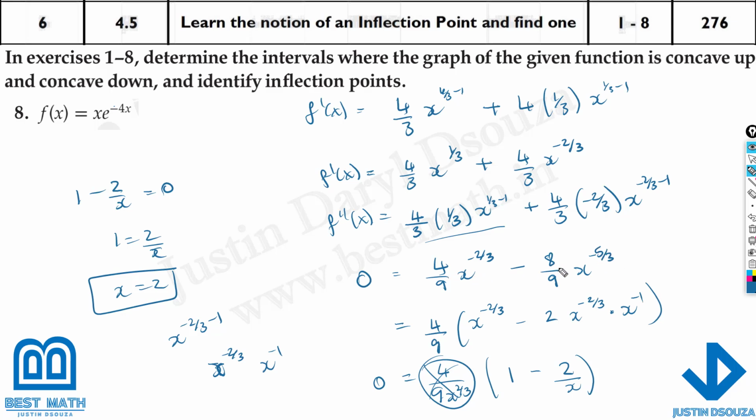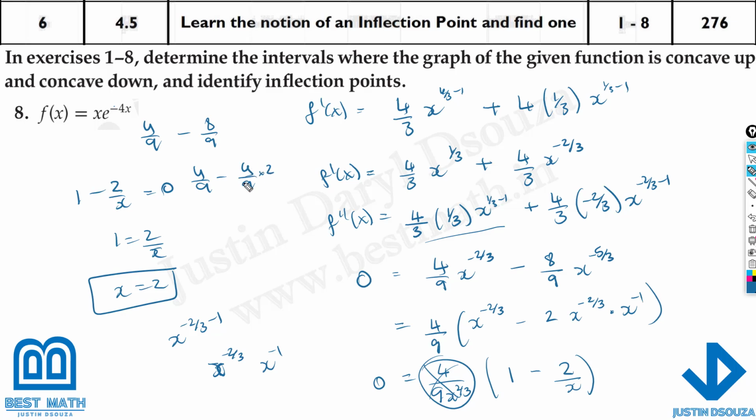So now here I need to remove whatever is common term and get the simplified form and make it equal to 0. So what is going out? 4 by 9 is going out, because this 9 is gone, but instead of 4 we have 8, so 4 times 2 is 8. It's basically 4 by 9, and we have 8 by 9. So here 4 by 9 remains, minus here 4 by 9 times 2.